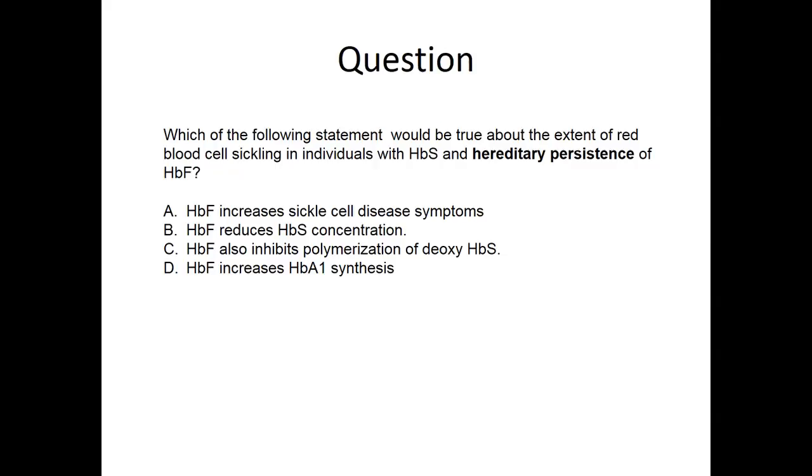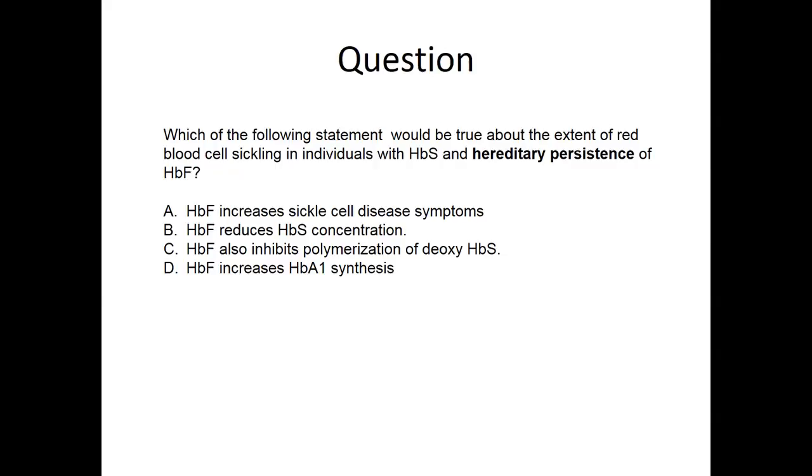So when you have hemoglobin F, hemoglobin F has a gamma subunit. Now in sickle cell anemia, the mutation is on the beta subunit of the adult hemoglobin.